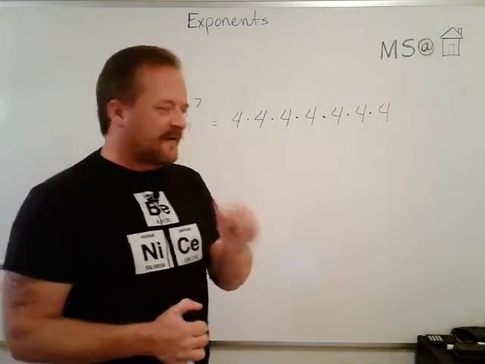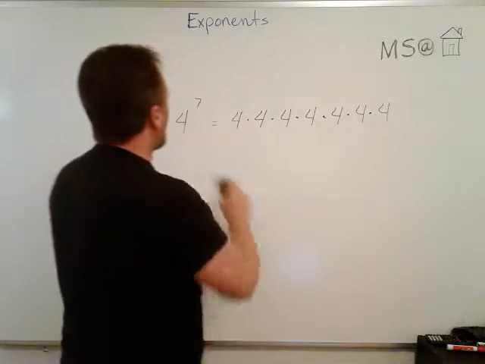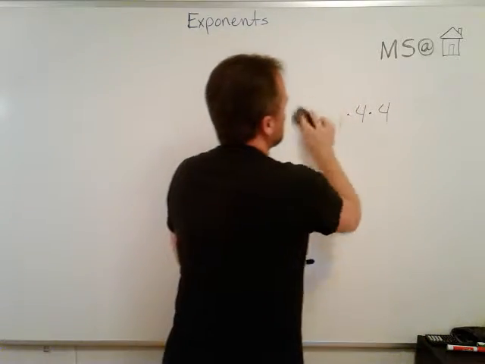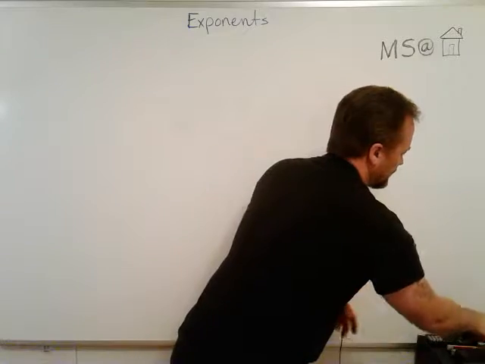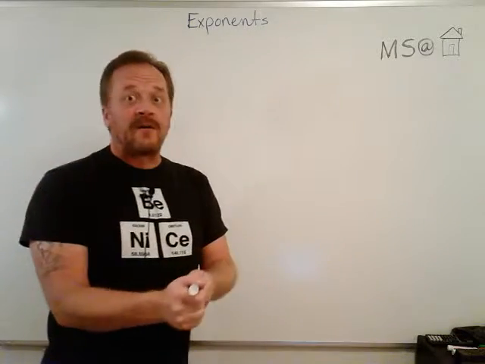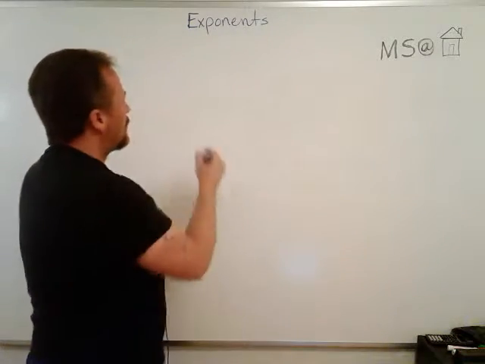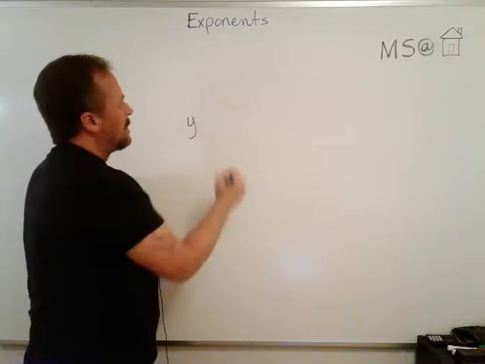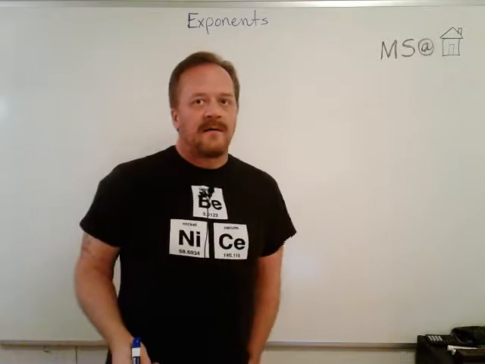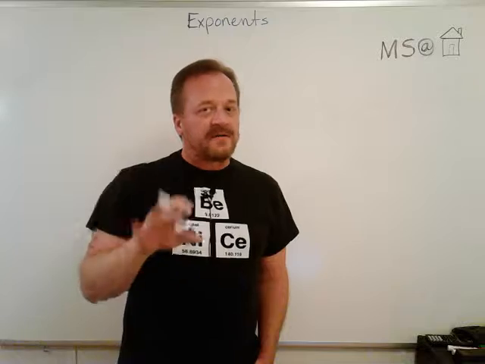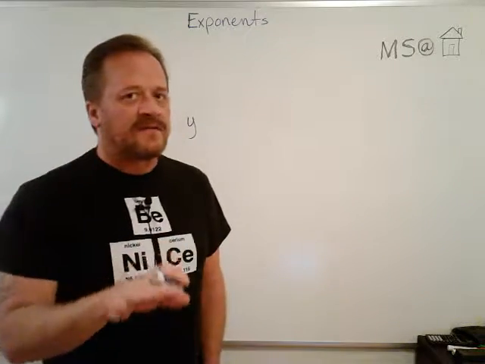Let's try something a little different. What if I didn't have a number? What if instead I had a variable? What if I had a y? This is going to be a little weird, but hang with me because the rules are all the same.